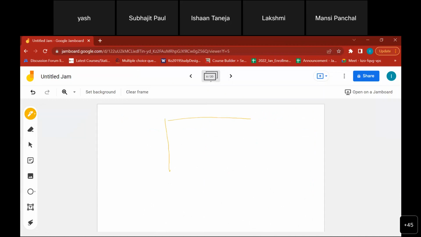This is your complete sample space, right? All your 100 images, right? Of which your first part is images of dog. You know there are 40 dog images, right? And the second part is 60 other animals, right?